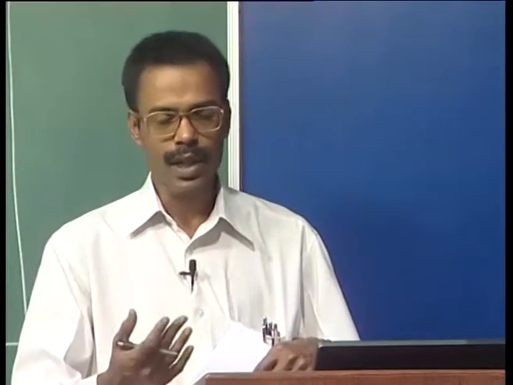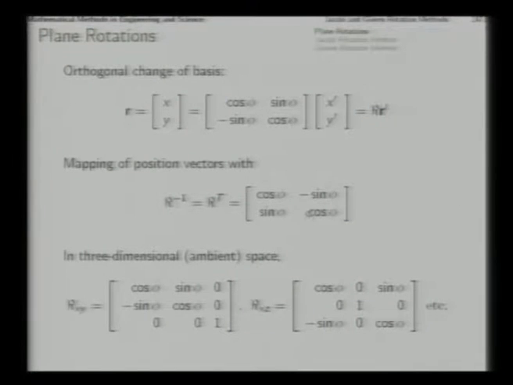In 3-dimensional space, this particular matrix will be augmented with a 0 0 1 row at the bottom and a 0 0 1 column on the right side, right.